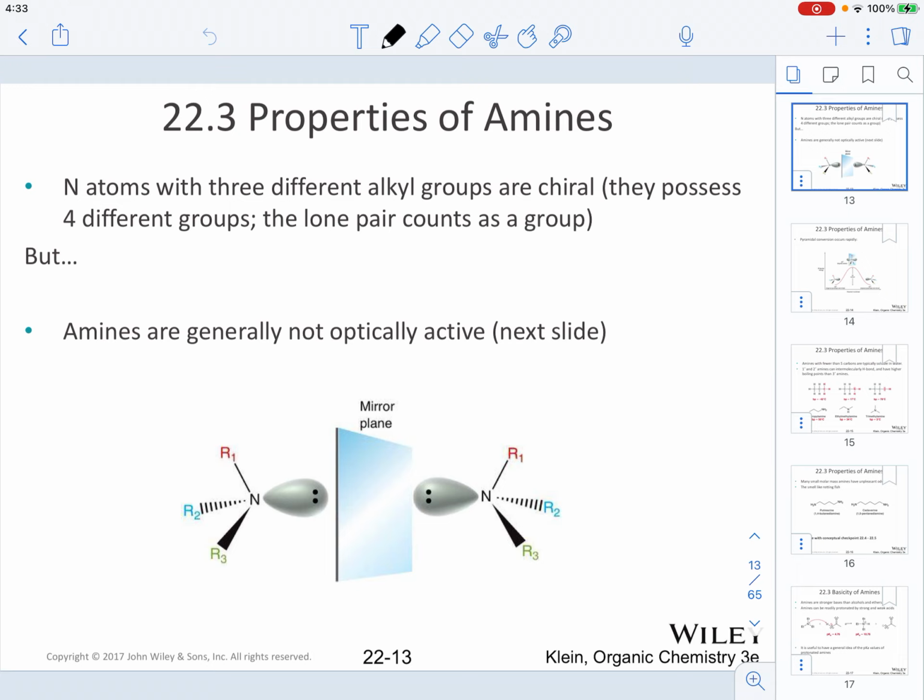But in the case of a nitrogen, the reason why we say that the nitrogen atom has 4 different groups is because the lone pair will count as a group. Now, amines generally are not optically active. As you can see here from the image at the bottom of the slide, this is just showing a nitrogen atom that has 3 different R groups, and we can see its mirror image on the other side.